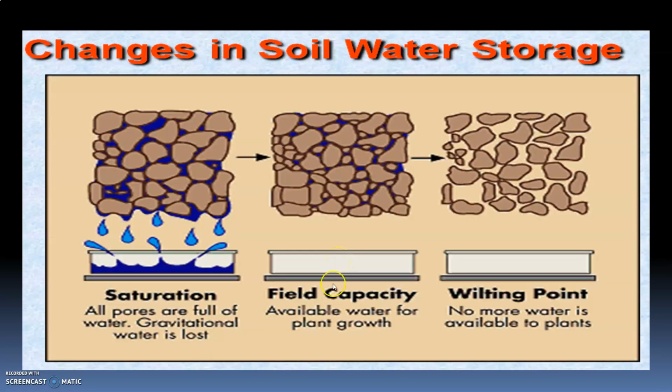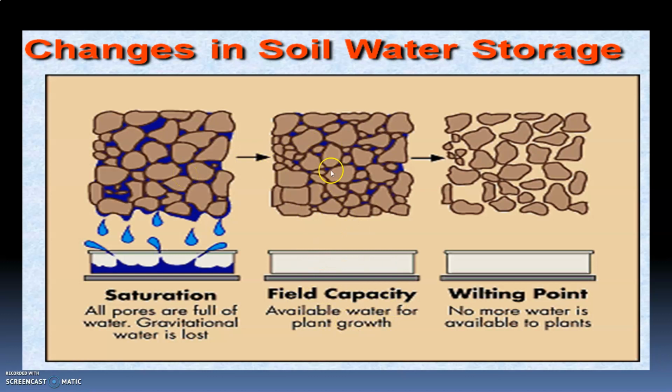Next, you can see in this diagram, you can understand clearly. So this is the saturation point. Saturation condition: all pores are full of water. Gravitational water is lost. Here these are the soil particles, in between there are pores and these pores are filled by water.